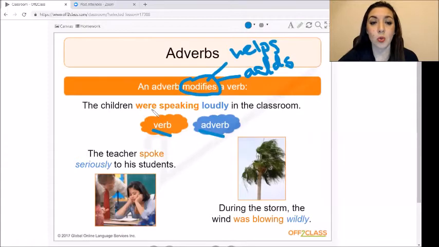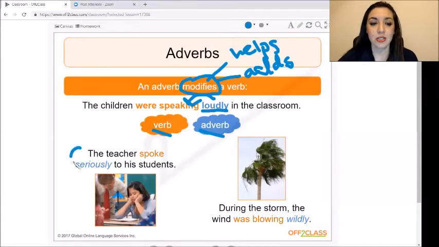So here's an example. In the orange, we have a verb, and in the blue, we have an adverb. The children were speaking loudly in the classroom. So we know that the adverb helps or adds to the verb. Okay, so in this case, the children were speaking how? Loudly.